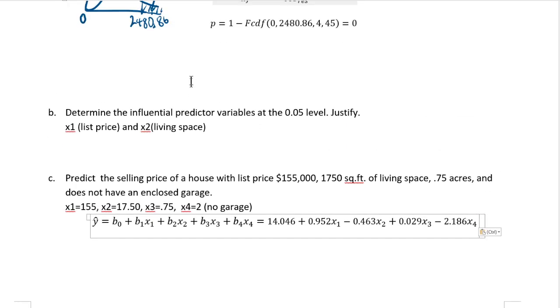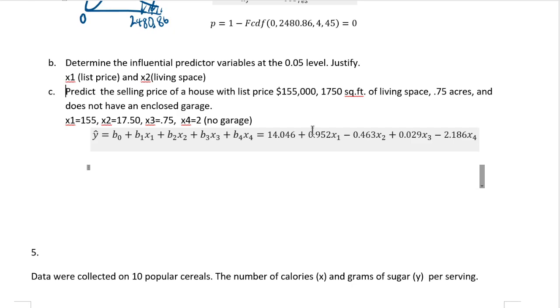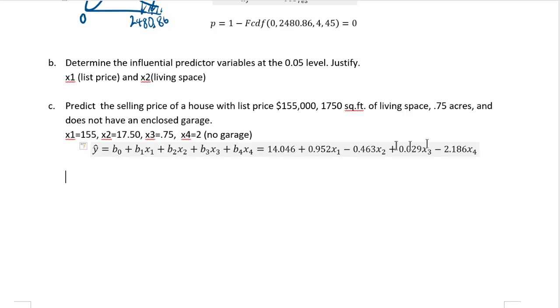Okay, so let's actually do the calculation using them. So we just plug those values in, and that's all it's really asking us to do. Just plug in these values.